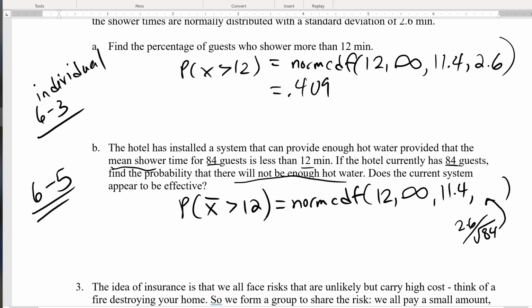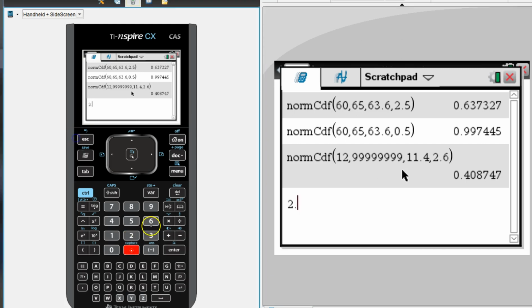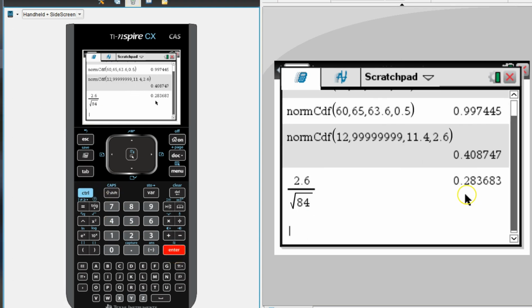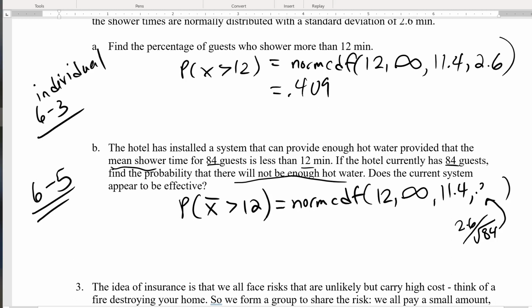So 2.6 divided by the square root of 84. So 0.2836. I'll just do 284. I'll keep it in the calculator. So what I can do now is just rerun this.